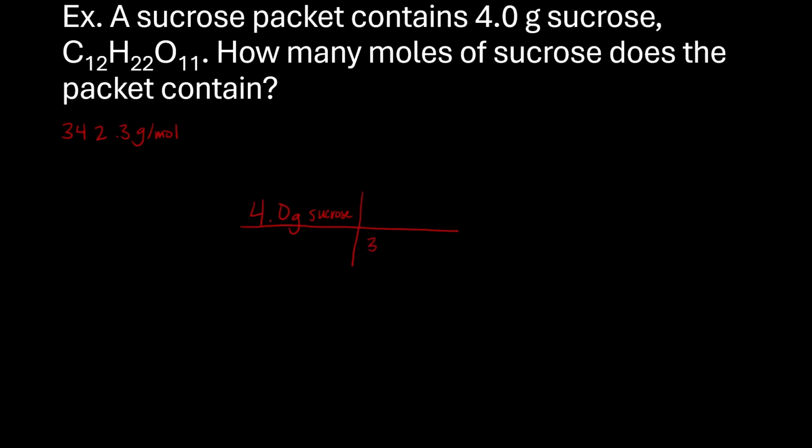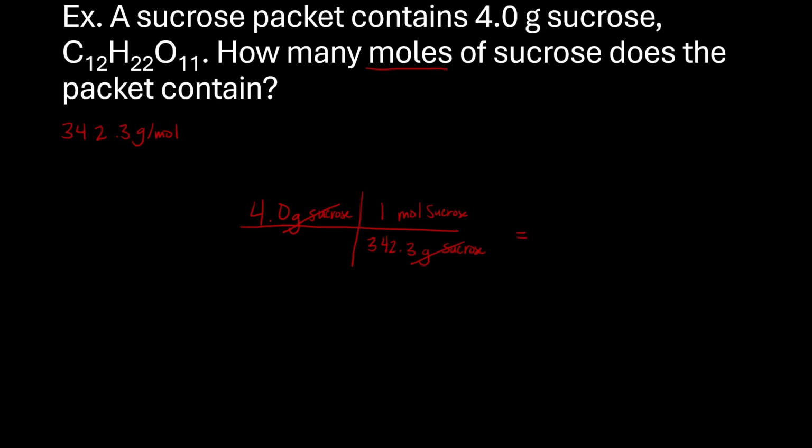So I'm going to write my 342.3 grams of sucrose on the bottom for every 1 mole of sucrose on the top. And again, we can flip this conversion factor however we need to. I'm going to cancel out my grams of sucrose just to make sure that I'm ending up with the right units. It's asking us for moles. I'm only left with moles in my units for my answer, and so I know I set it up correctly.